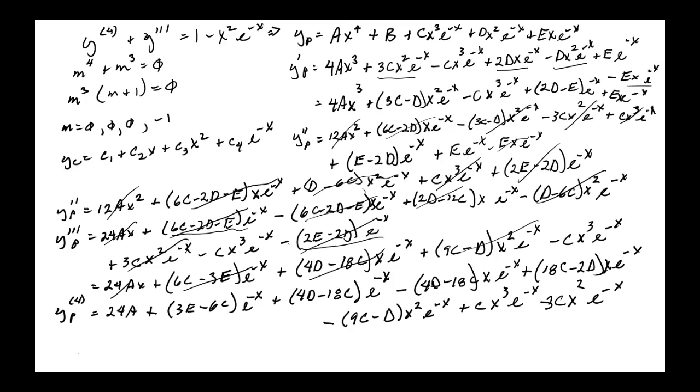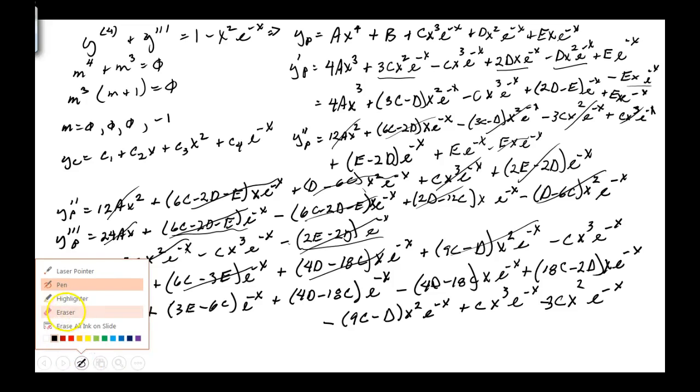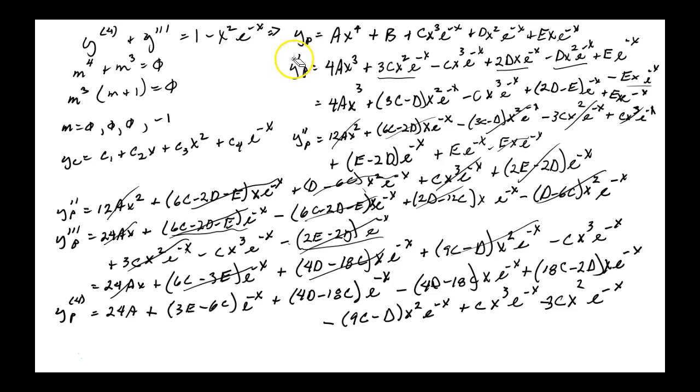Now, I have no more room to write. I'm going to need my particular solution, so I don't want to erase it like I did last time. I don't need my y prime, because if I have to go back and figure out an error, I'm going to be in bad shape anyway.